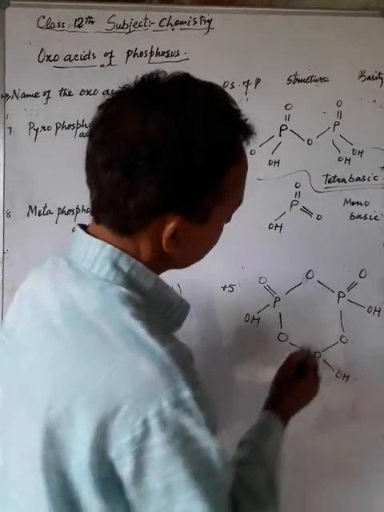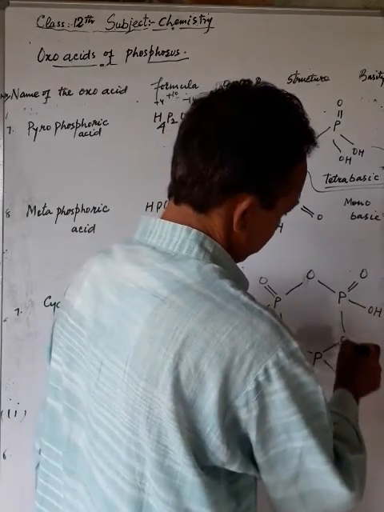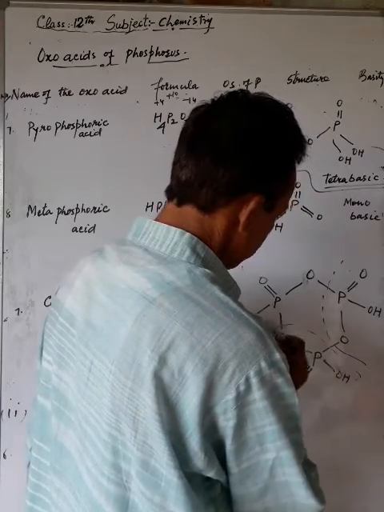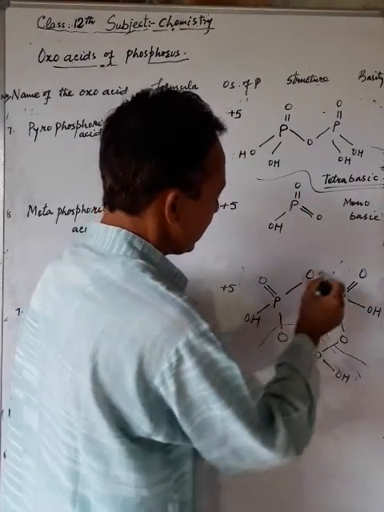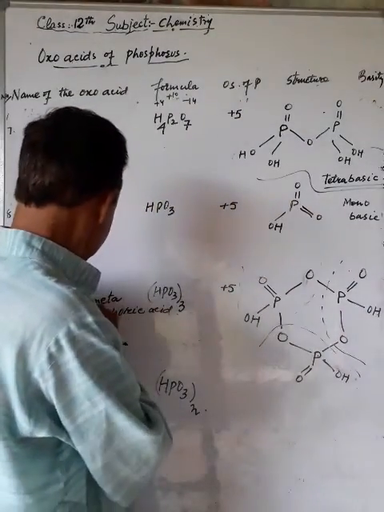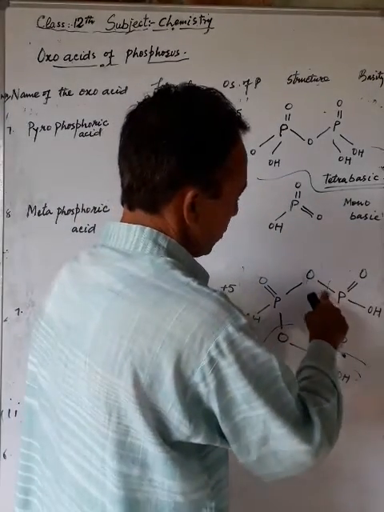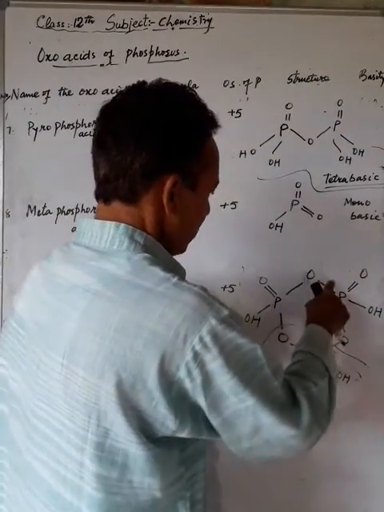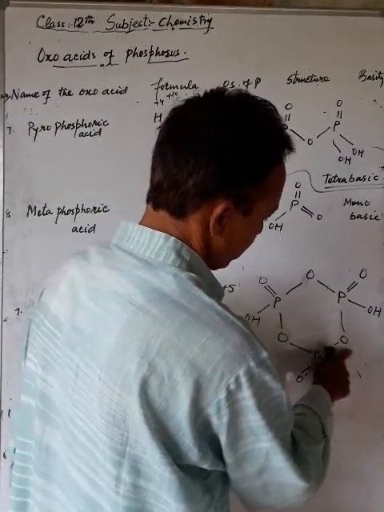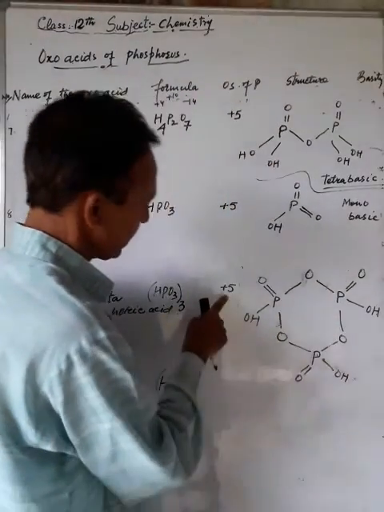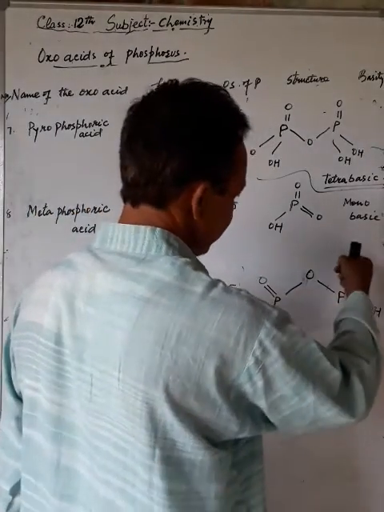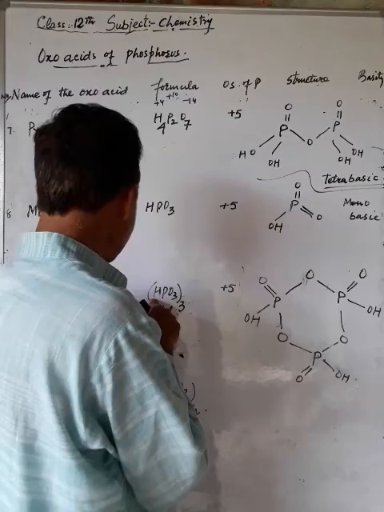So if you see, HPO3, if we take this, HPO3, this is another molecule, this is another molecule, three molecules, therefore this is trimetaphosphoric acid. So this forms cyclotrimetaphosphoric acid, and the oxidation state of the phosphorus is the same as in metaphosphoric acid, that is +5, and again the basicity is that of one unit, that is metaphosphoric acid.